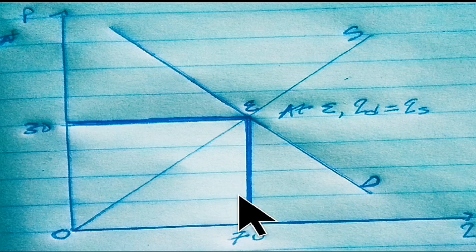If we trace it up, you will see the equilibrium point, E, which is the intersection of the downward sloping demand curve and the upward sloping supply curve. At the point E, QD equals QS.